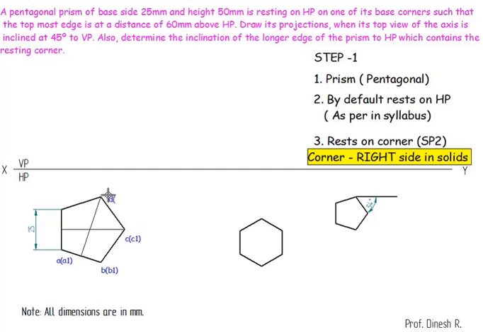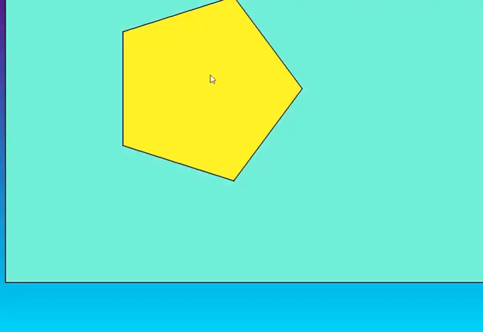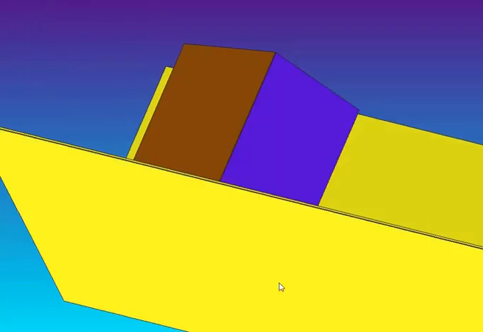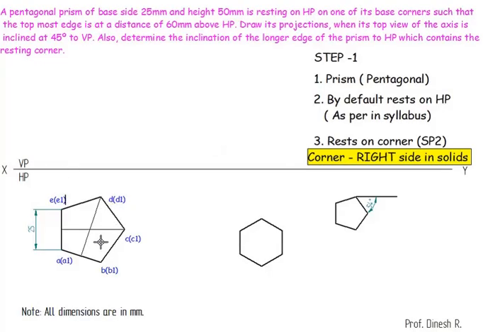D is seen, D1 is not seen. E is seen, E1 is not seen. Now in the same way, the axis point O is seen, that is, the top face is visible, bottom face is not visible. That's why we mention O is seen but O1 is not seen.